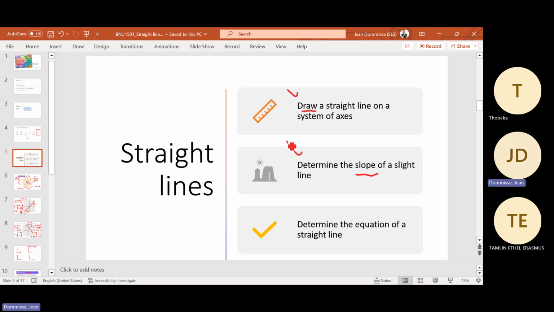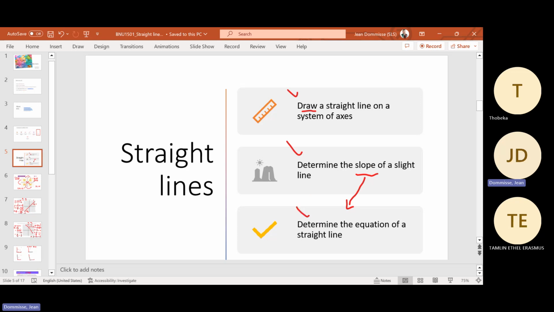You are now able to determine the slope, whether they have a line where you need to identify 5 points on it, or they give you the points. And we determine the slope. Then, because we determined the slope, then we can determine the equation.